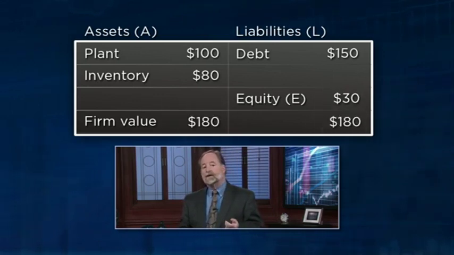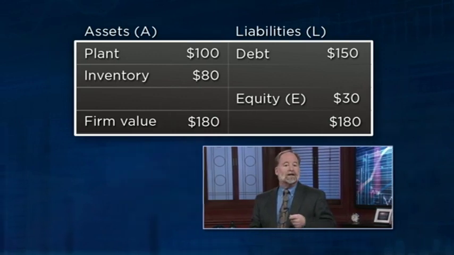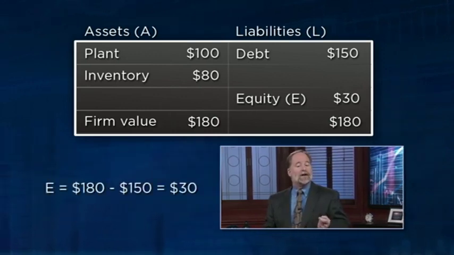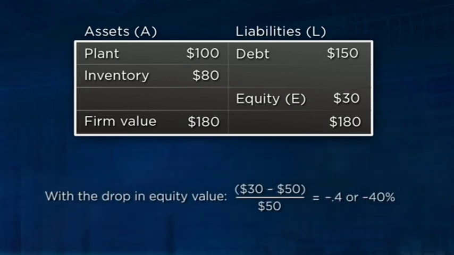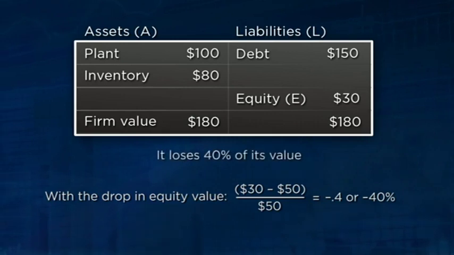The debt is still worth $150 million. So equity is equal to 180 minus 150, which is now equal to 30. With the drop in equity value, the equity gains (30 minus 50) divided by 50 equals negative 0.4, or it loses 40% in value.